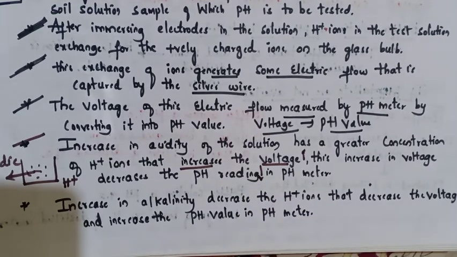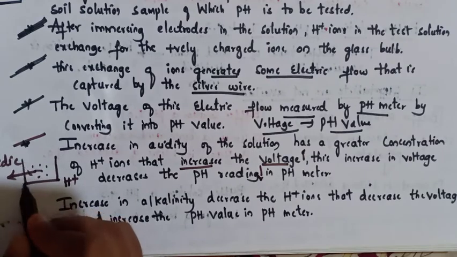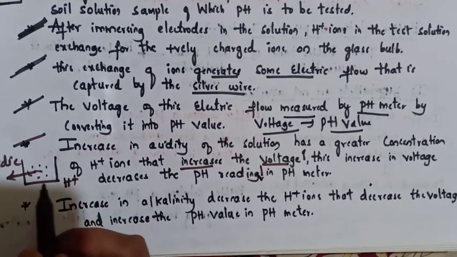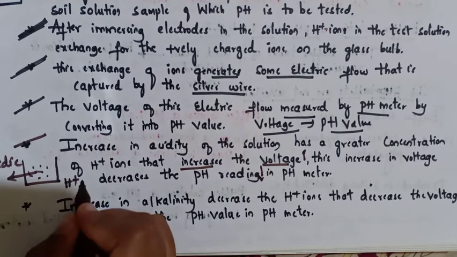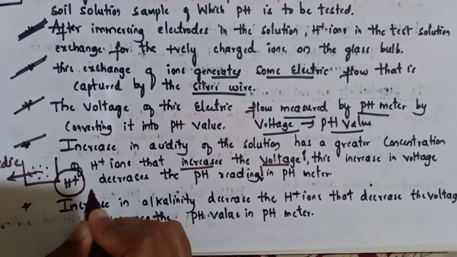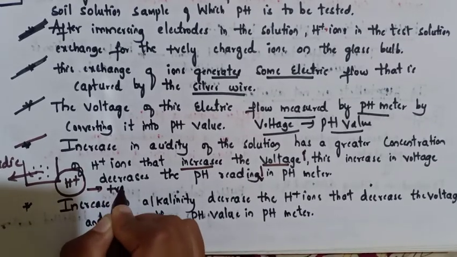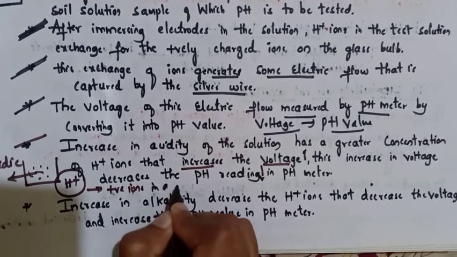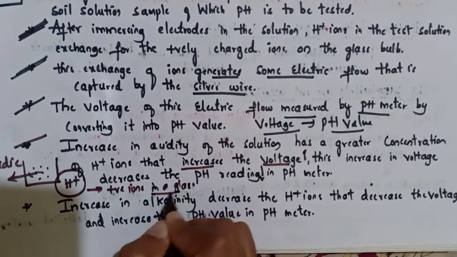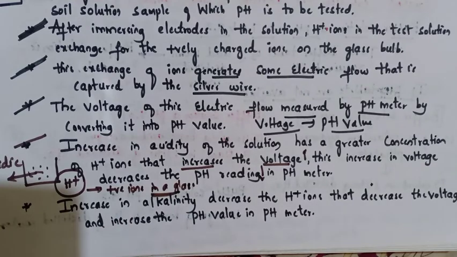See here, once again I will explain. Take a soil sample which is acidic. Then this soil sample will consist of many H+ ions. These H+ ions will exchange with the positive ions in a glass electrode. So the exchange of H+ ions with the positive ions in the glass electrode is maximum.